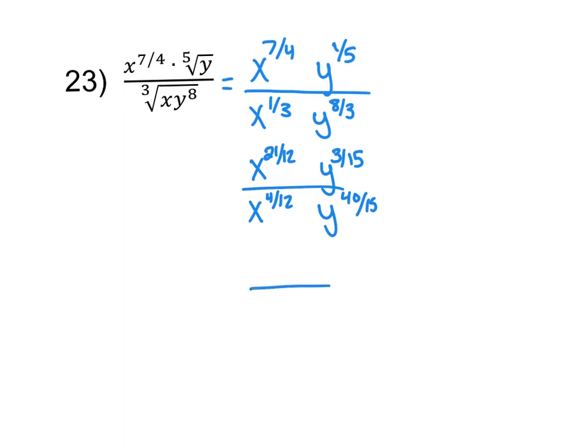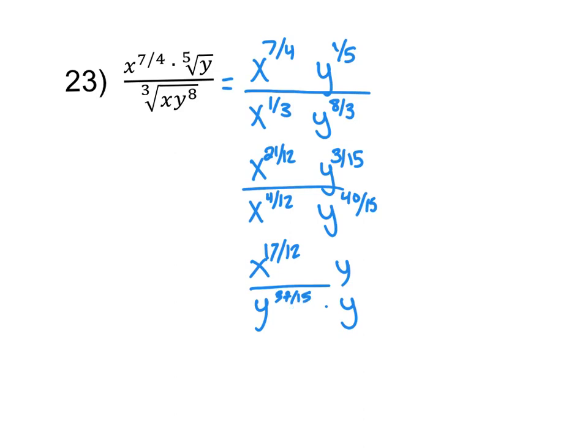So I end up in the numerator with x to the 17/12, and in the denominator, I have y to the 37/15. I know that my denominator is not rationalized, so I need to figure out what power I should put on y to get this 37/15 up to the next whole number. My multiples of 15 are 15, 30, 45.